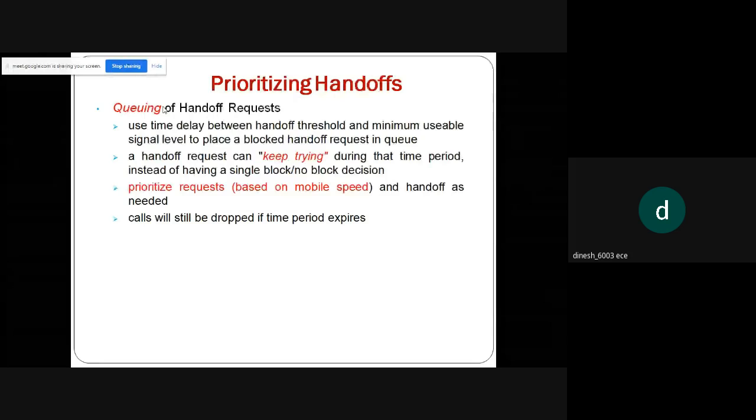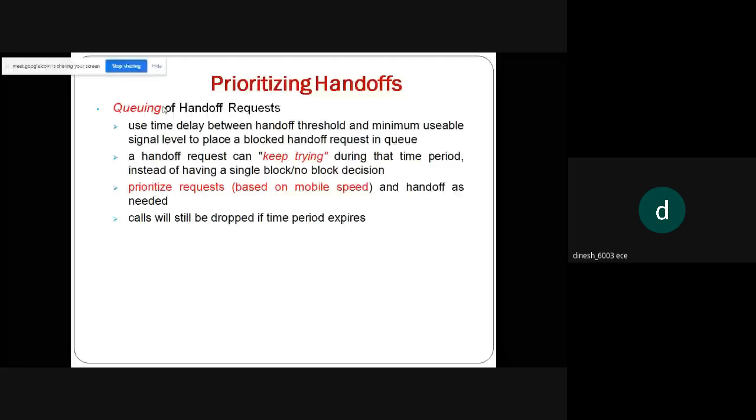Priority will be given to the mobile moving at a higher speed, because that requires handoff urgently compared to the average and lower speeds. After the mobile at higher speed is addressed, the request is made for the average-speed mobile, then the lower speed. So this is how prioritizing or queuing works.